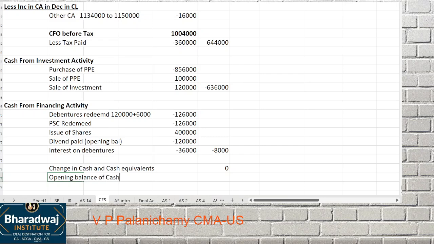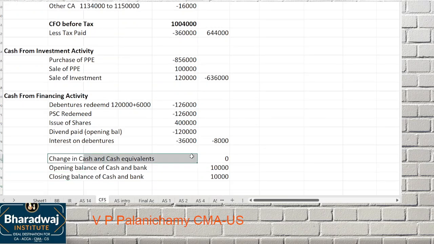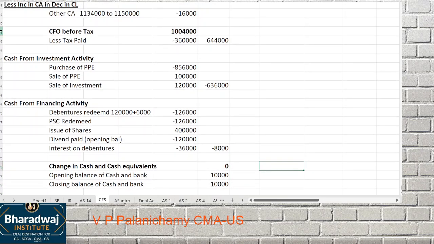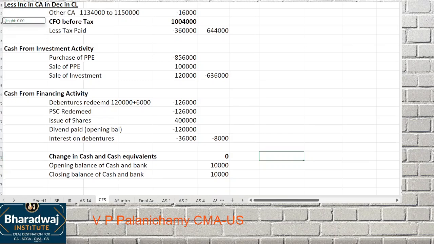How much is given? Opening balance of cash and bank 10,000. You get which one? Closing balance of cash and bank 10,000. No change in cash and cash equivalents.